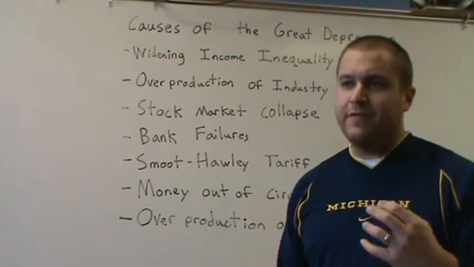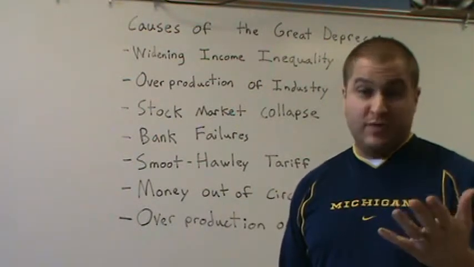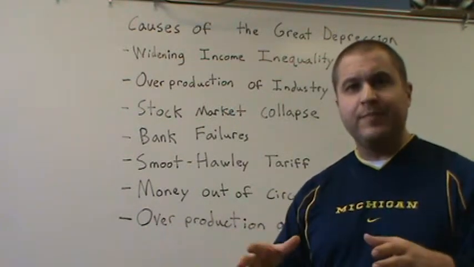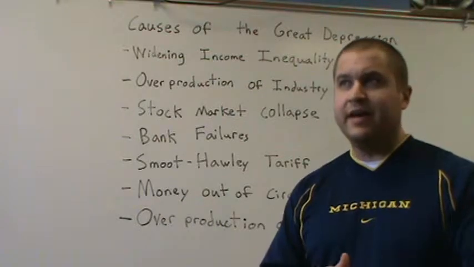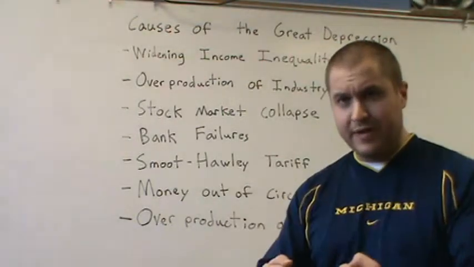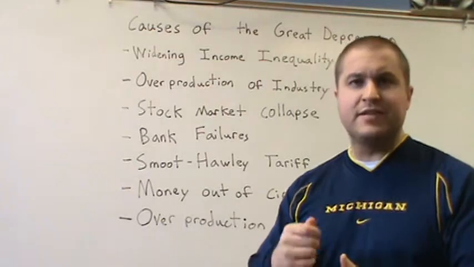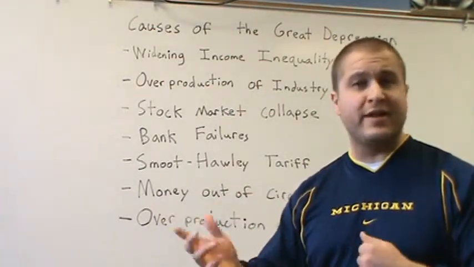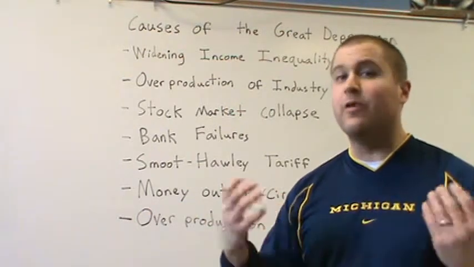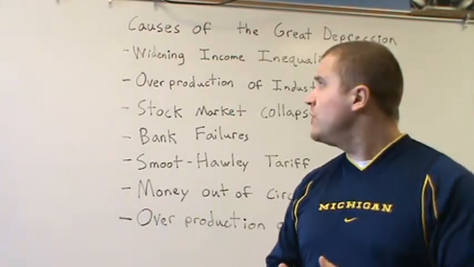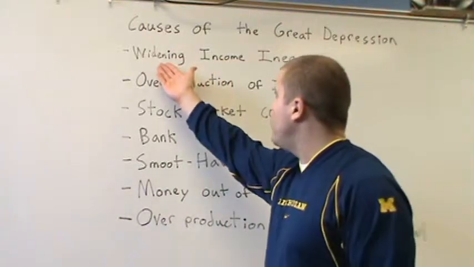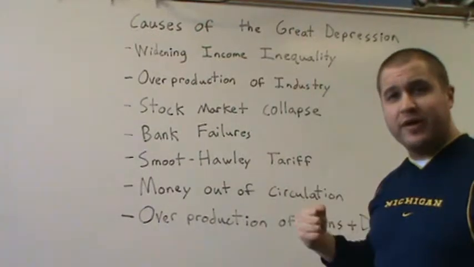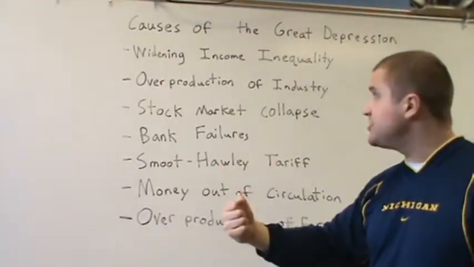He feels that, as well as many other people do, that when the rich have so much money, they oftentimes sit on it, and that gives less money to the middle class and lower income people, and therefore there's less money to be spent on consumer products and to help businesses out. So there's this idea that the widening income inequality at that time was playing a part in feeding and fueling the Great Depression.